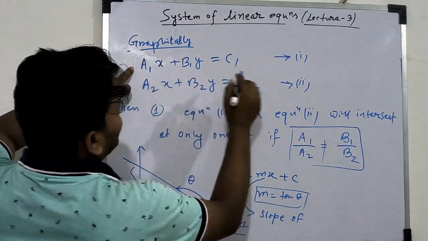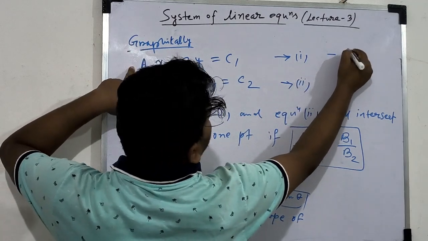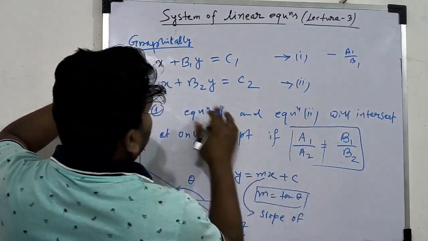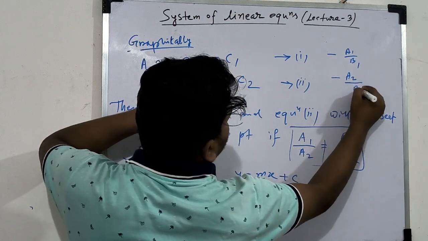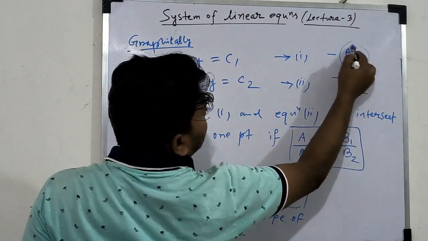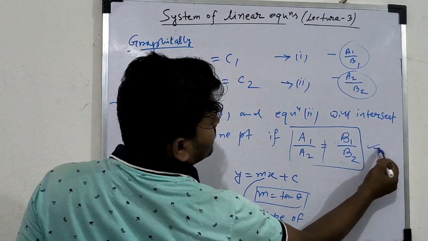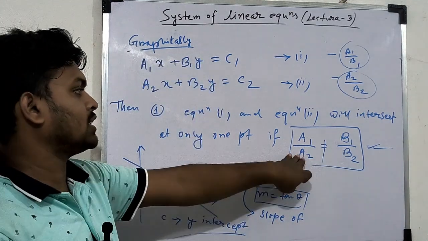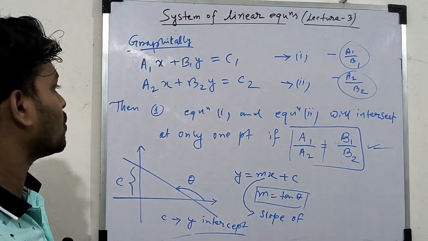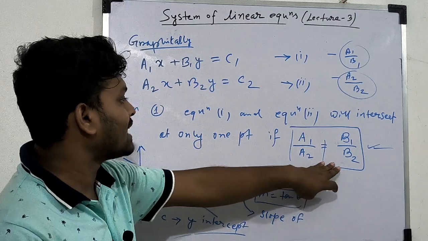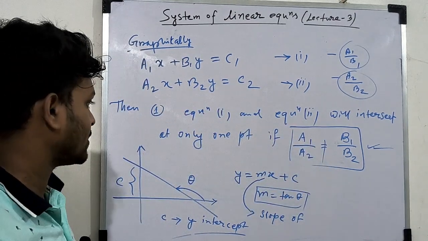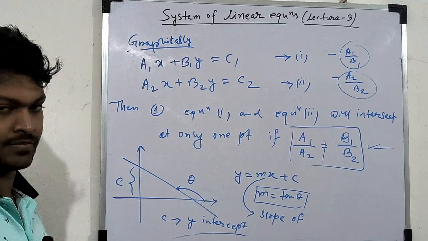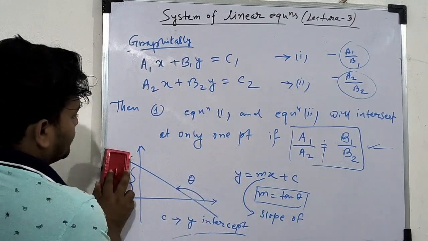For this line the slope is minus a1 by b1, and for this line the slope is minus a2 by b2. So these will be different if these two ratios are not equal. Whenever this happens, we say the system has exactly one, that is a unique solution. And we will give an example for each case.